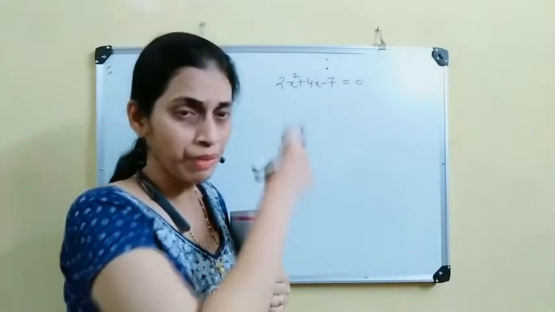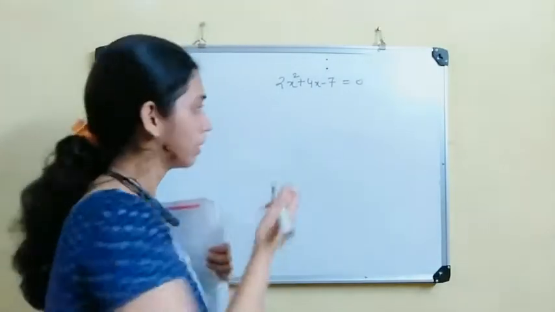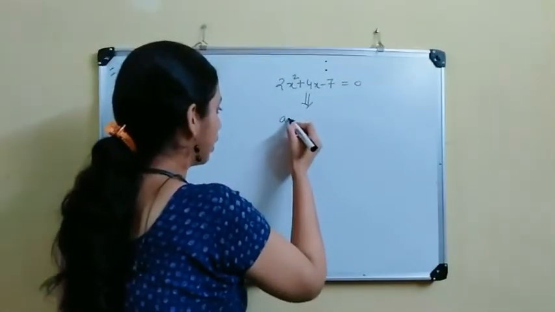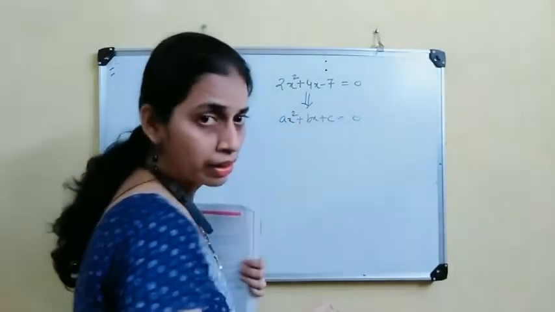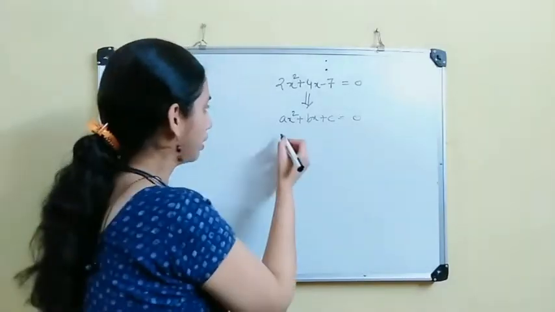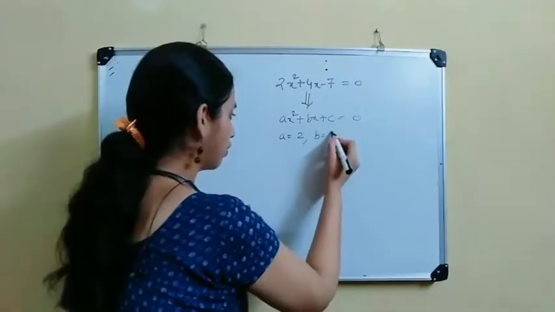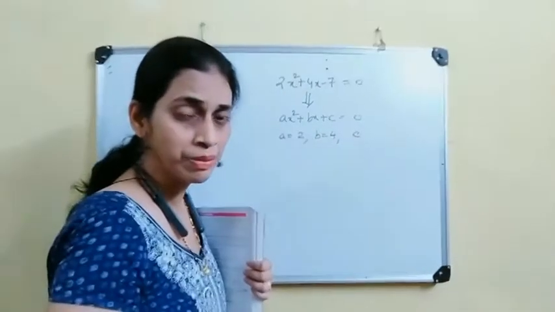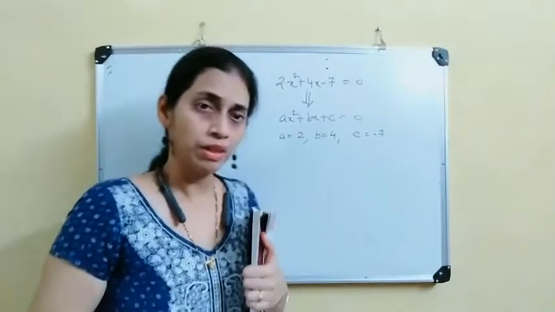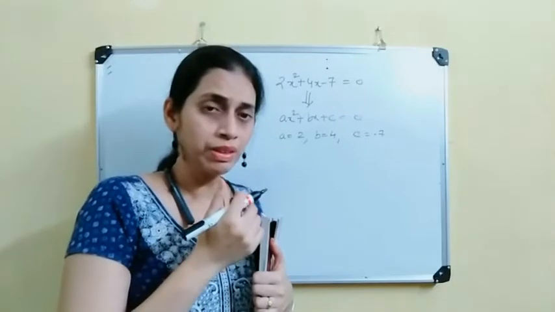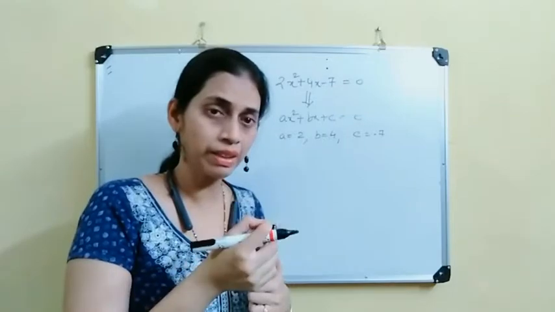First of all, you have to compare this with the basic quadratic equation, ax² + bx + c = 0. Herein you observe the value of a is 2, the value of b is 4 and the value of c is −7. Correct? So the discriminant, which I have told you is b² − 4ac, substitute the values and check whether it is less than, greater than or equal to 0.